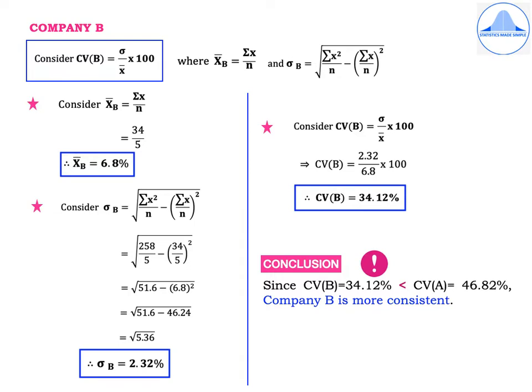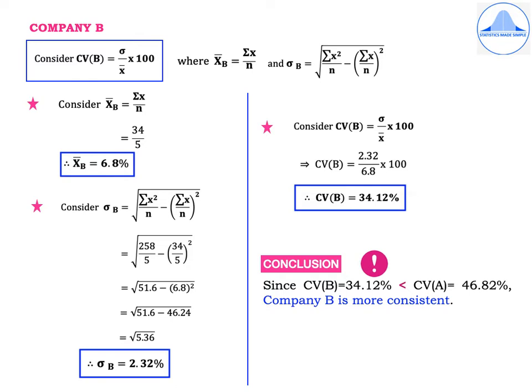Now that we have calculated CV of A and CV of B, we need to compare both the values. In my previous video, I have explained about coefficient of variation. The lesser the CV value, better is the consistency. So when I compare CV of B and CV of A, we see that CV of B is 34.12%, which is less than CV of A equal to 46.82%.